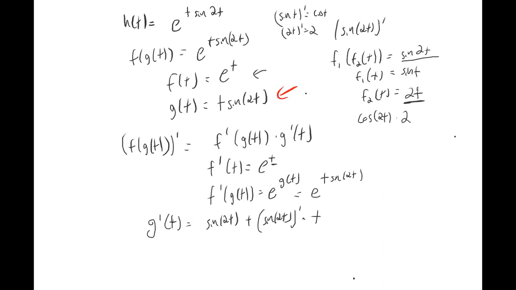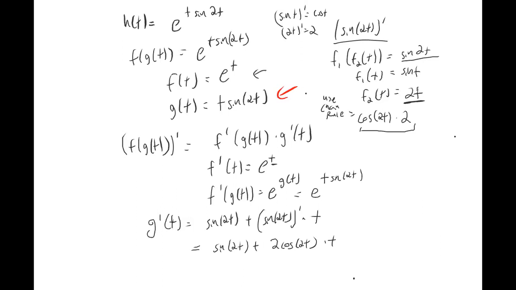I'll let you use chain rule to check this is the derivative. Do not just say this is cosine of 2t. It's cosine of 2t times 2 because of the 2t inside. You need to chain rule it. So this is equal to sine of 2t plus 2 cosine of 2t times t.